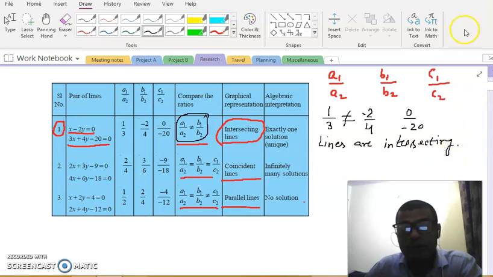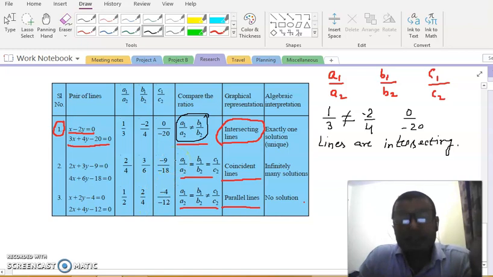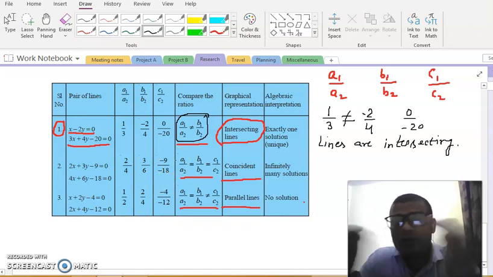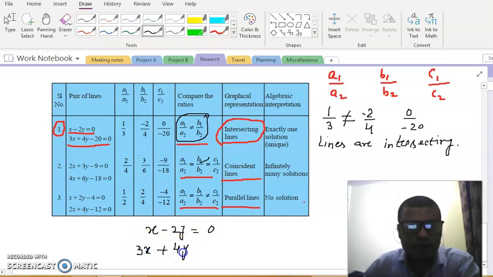But the second problem is how to find out the values of x and y. Now you know the lines are intersecting, but how do you find the point where they intersect? Your lines are x minus 2y equal to 0 and 3x plus 4y equals 20, taking the 20 to the right hand side.